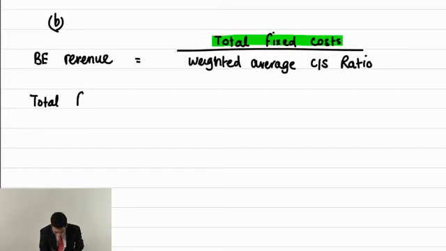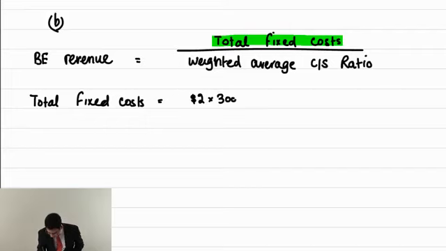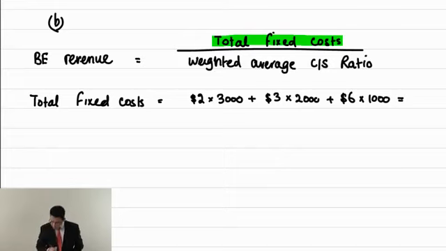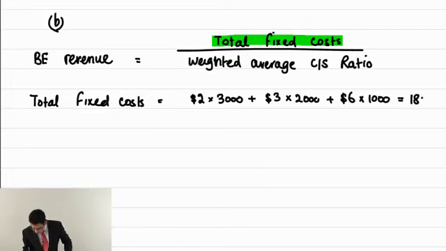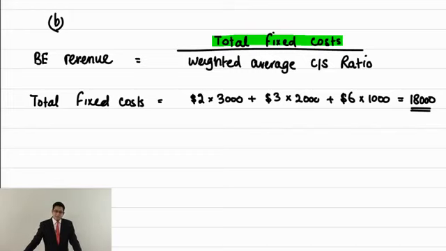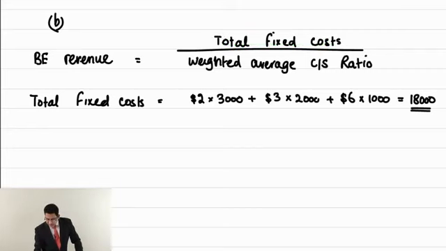Here is the total fixed costs: 2 times 3,000 plus 3 into 2,000 and plus 6 into 1,000, and in total 6 plus 6 plus 6, $18,000. In total $18,000. Now we are looking at the denominator, which is the weighted average C over S ratio.